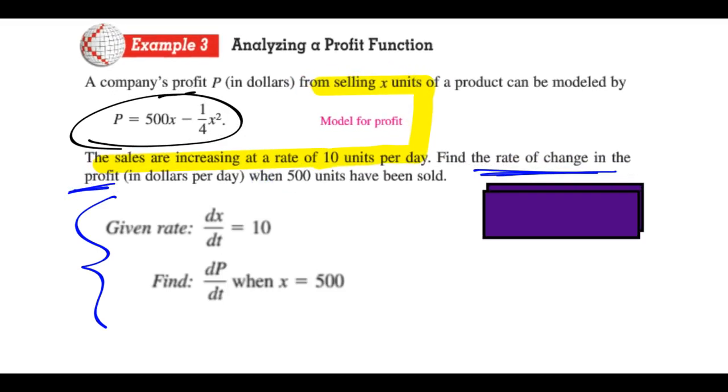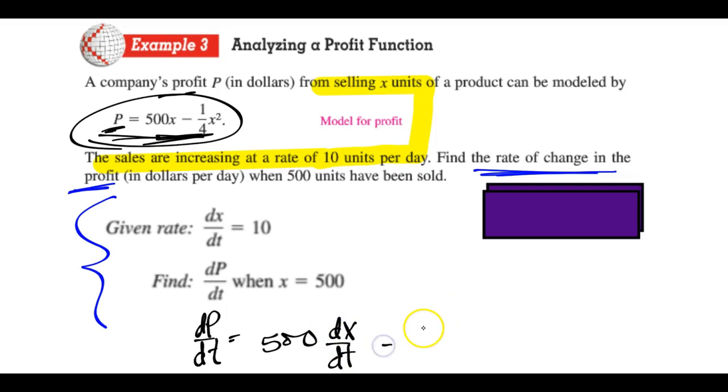All right, so let's see if we can go through and use this and find dP/dt, which would be the derivative of this left side. Let's take the derivative of the right side, which is 500 dx/dt minus 2/4, I'll say 1/2 x dx/dt.